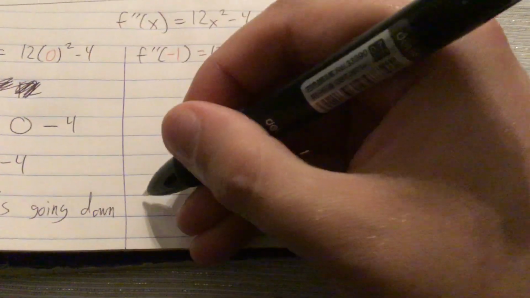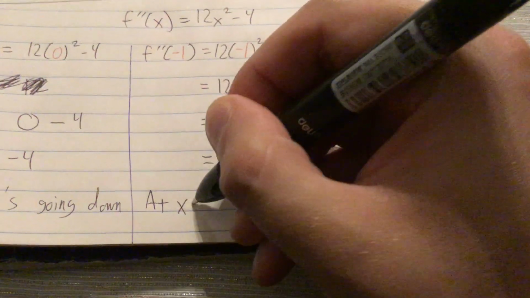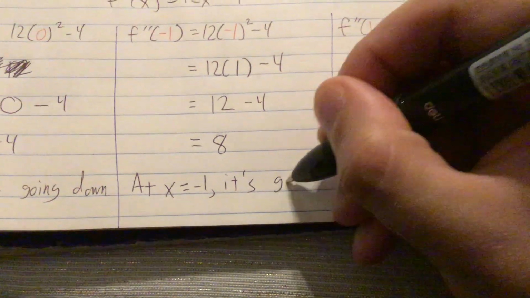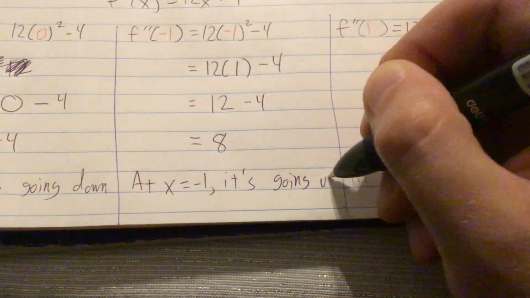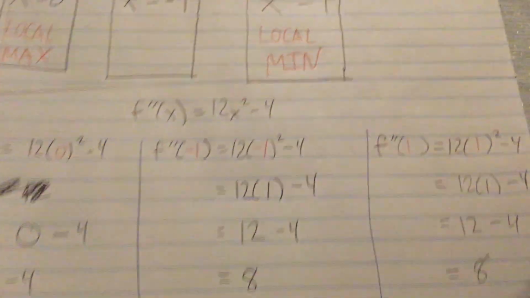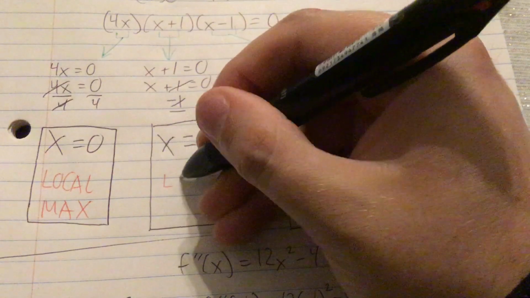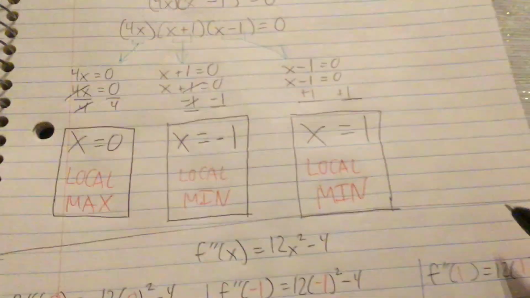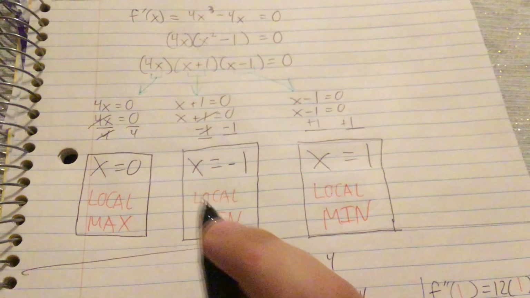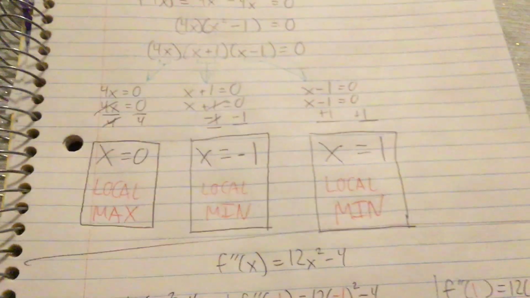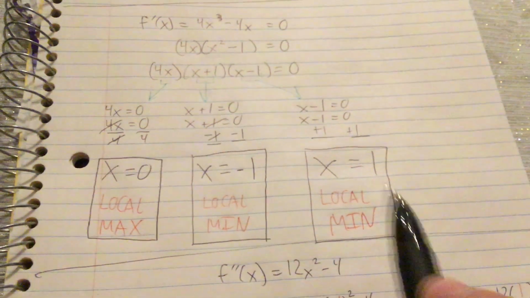So what this tells me is that at x equals negative 1, it's going up. So if it reaches a horizontal tangent line and then it rises again, that is a local minimum. And no, it does not have to be rewritten in order, like negative 1, then 0, then 1. I just want to see the critical points and organize whether each is a local min or a local max.